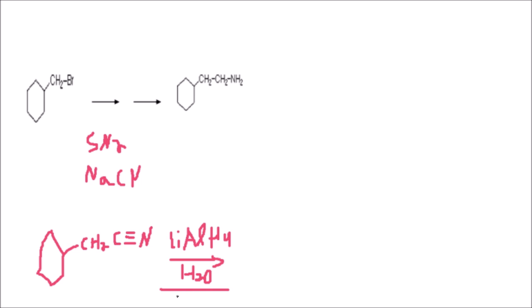Or to reduce it, you could also use hydrogenation, H2 over palladium. And then you can get this compound, because you add here 2 hydrogens and here you add 2 hydrogens. So that's how you solve that.